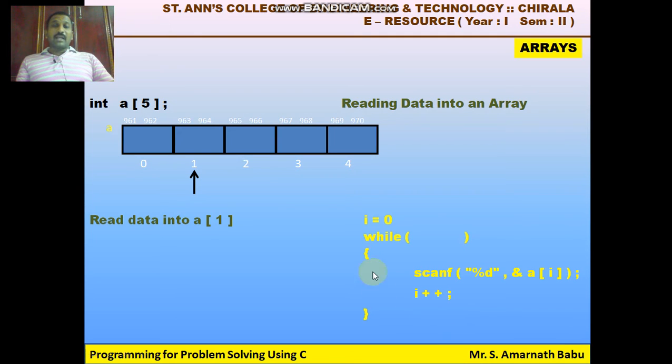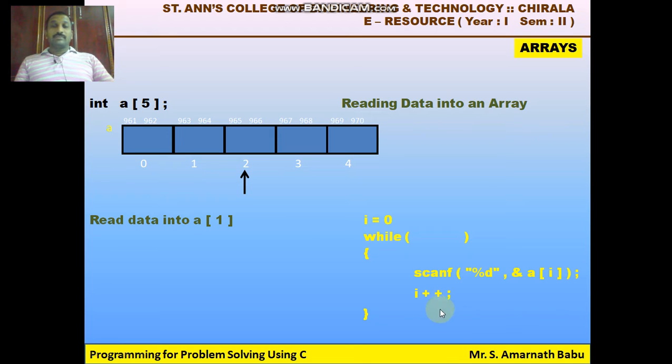So I am going back and calling the function scanf once again. Now as the I value is 1, the data is read into a of I, which is a of 1. And after reading data into a of 1, I will move to the next index, a of 2.